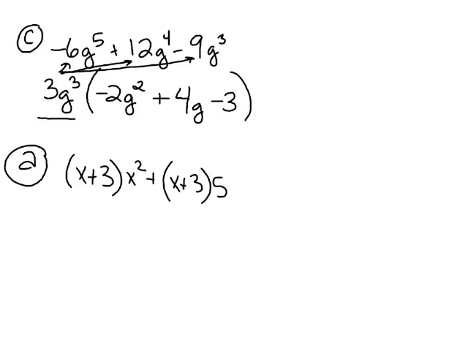This is called grouping. So I want to take the terms that are the same. What are my terms that are the same here? X plus 3. And then I group whatever was left over. What were the other terms? X squared plus 5.